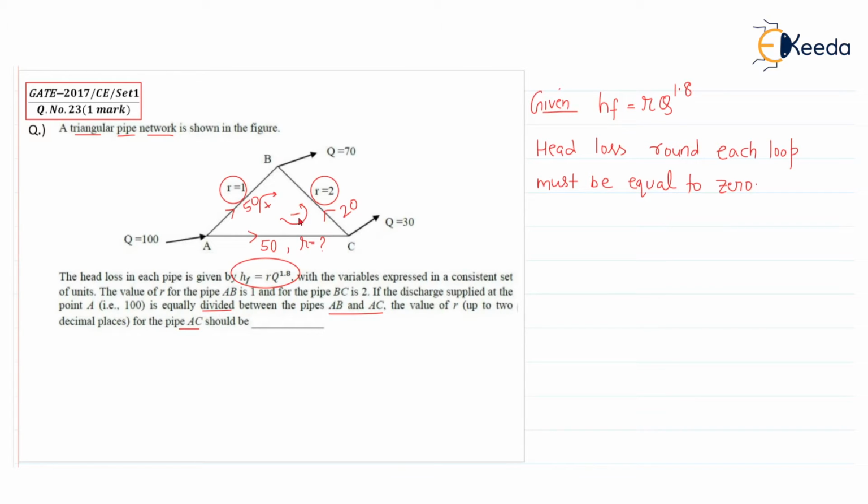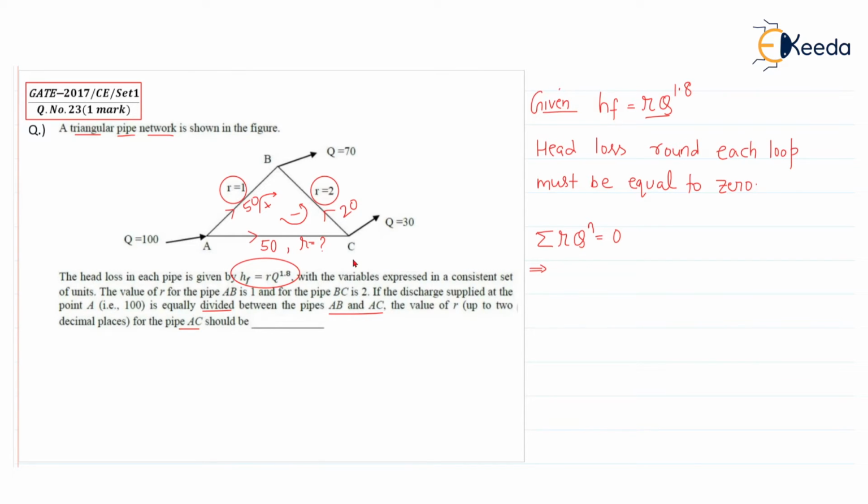So the total summation of head loss around each loop must be equal to 0. So sigma R Q to the power n equal to 0, because head loss is a function of R Q to the power n. Algebraic summation, taking the sign into account.